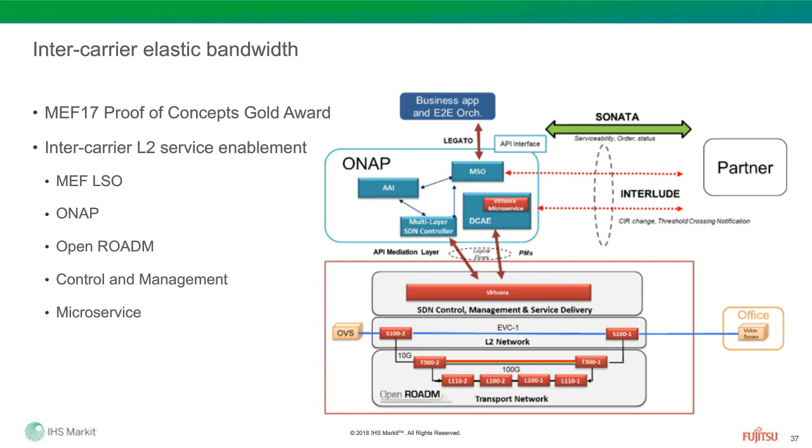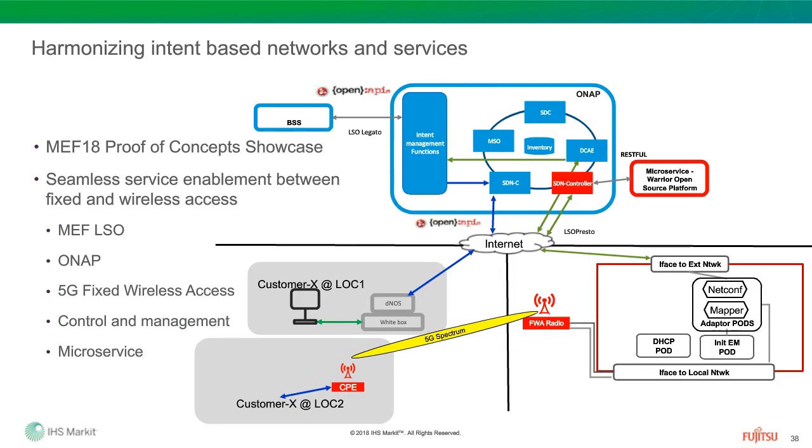Following that up, just a few weeks ago at MEF 18, we have another example use case of leveraging the models, APIs, and integration work with a 5G fixed wireless access use case where we managed bandwidth customer service over a 5G infrastructure through a network edge cluster, northbound into ONAP as well, in this case, deploying a microservice to do that real-time analytics and a threshold crossing for that service profile over the 5G.